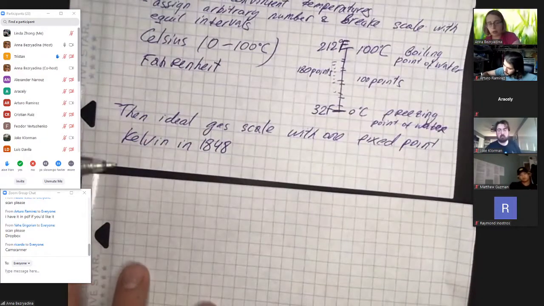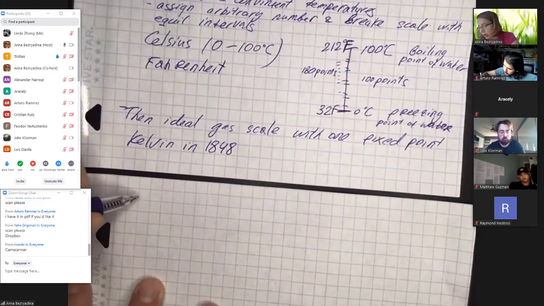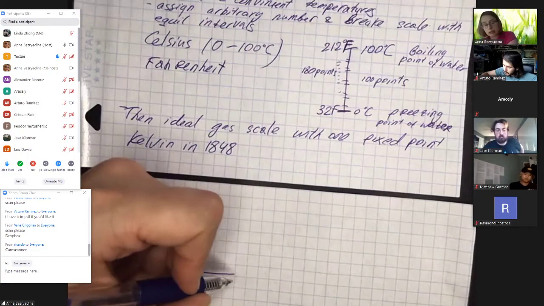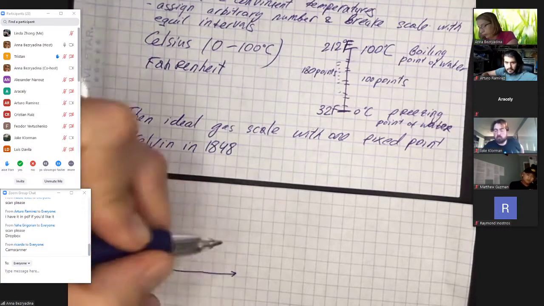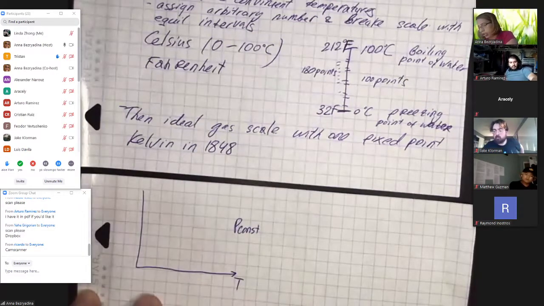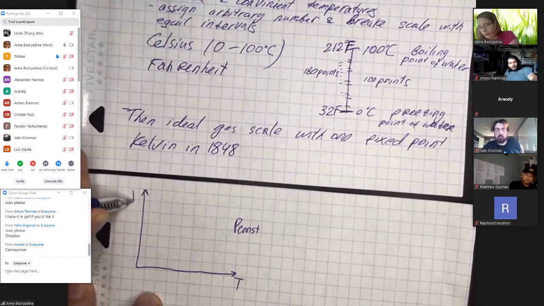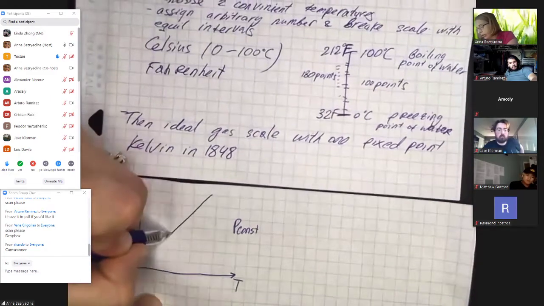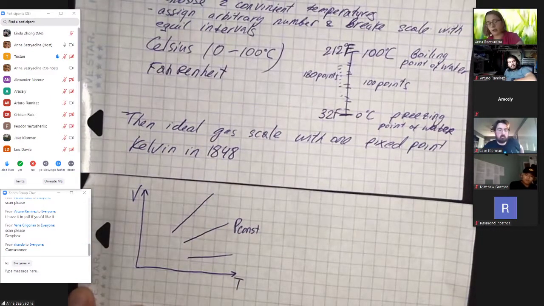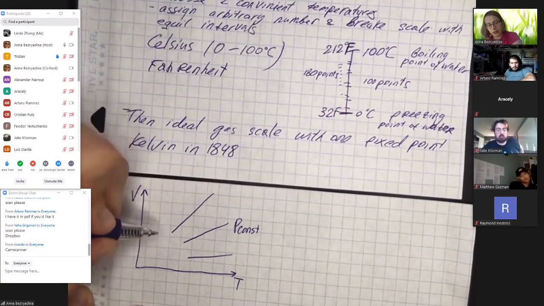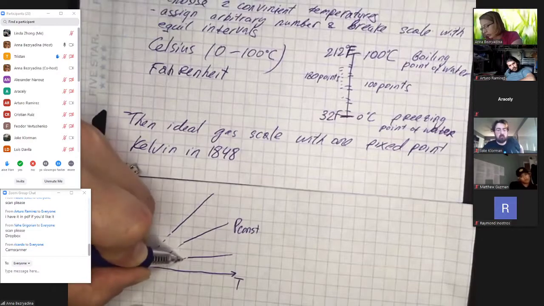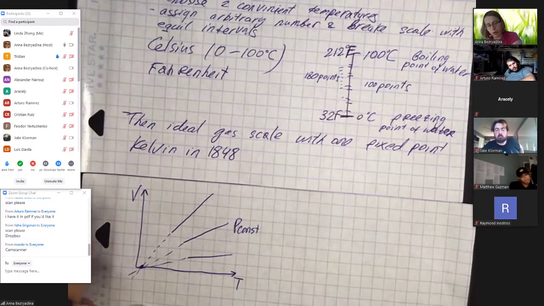And what he found out is that if you measure the behavior of a gas at constant pressure, P constant, and look at how its temperature and volume behave, it goes like that for different gases. But when he found where these lines intersect, they intersect at the same point.